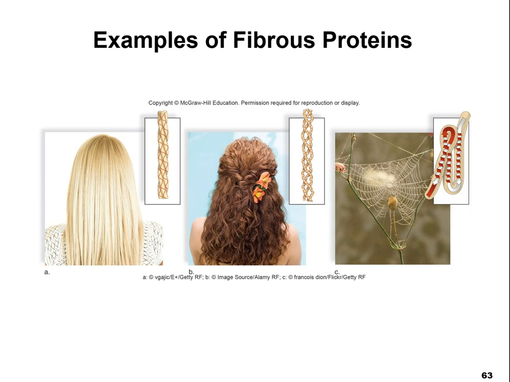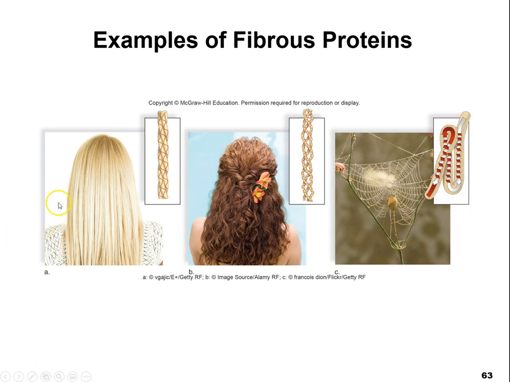And basically what this is showing you, the straight versus the curly hair here, is that if you get a perm, it will alter the secondary structure of keratin to form these kinks and to make the hair curly. If we look at silk here, made by spiders, most of the keratin here is in beta pleated sheets, and you can see that structure.